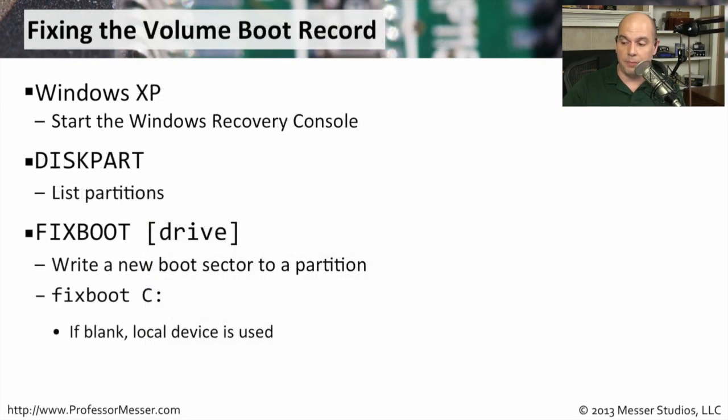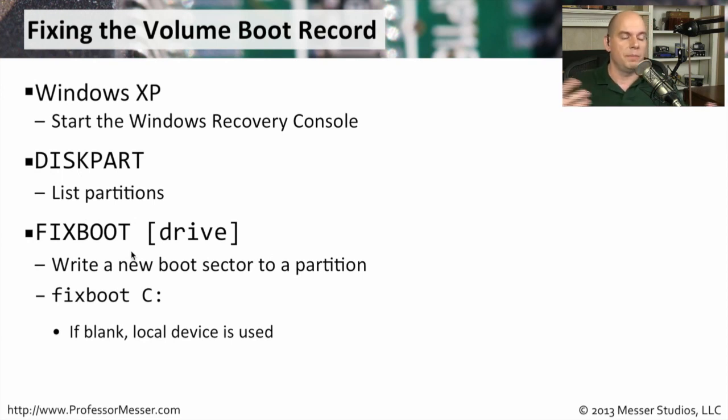Now, I also mentioned you can have problems with that boot record that's on the partition itself, that's on the volume itself. In Windows XP, if you also wanted to rebuild that particular section, you would start up the recovery console in XP and use the command diskpart to see what the partitions are, and then you would run the program fixboot to fix the boot sector. Fixmbr, fixboot.